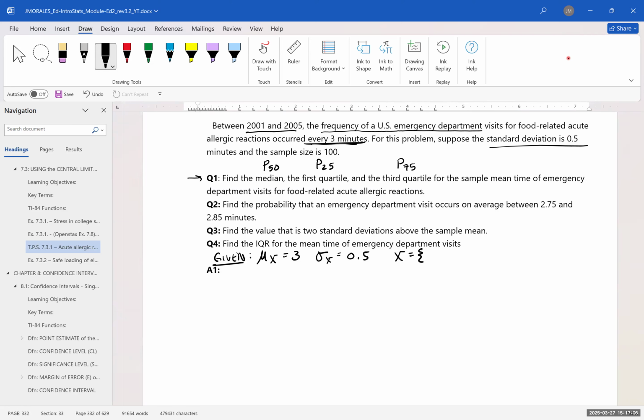On the side here, let's define what this random variable is.